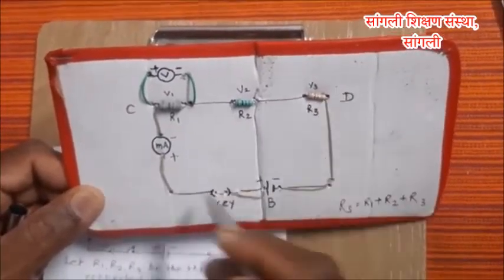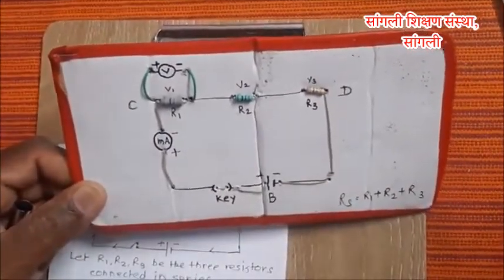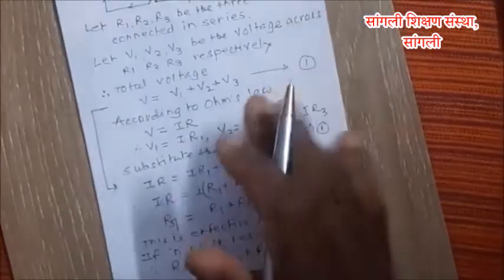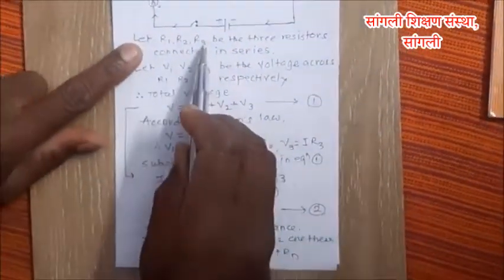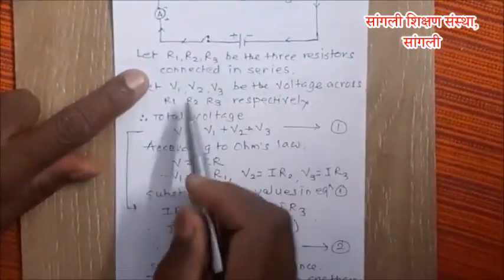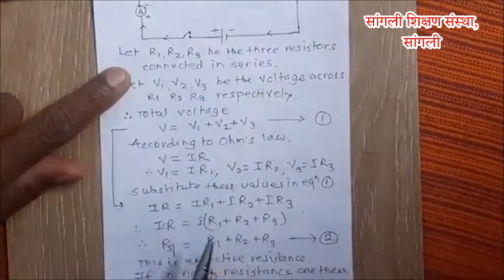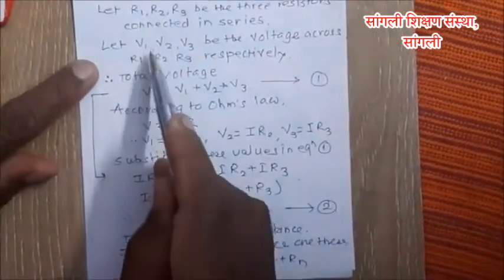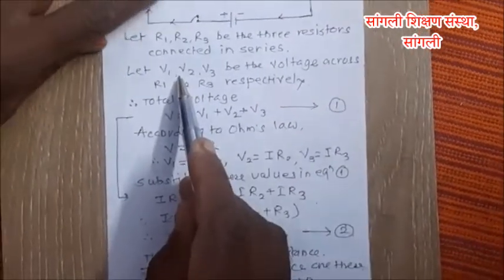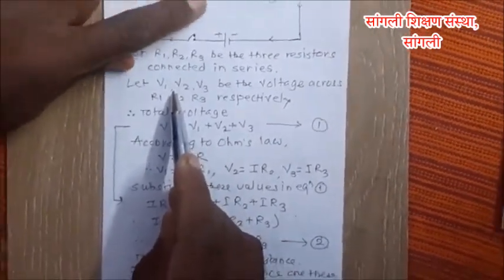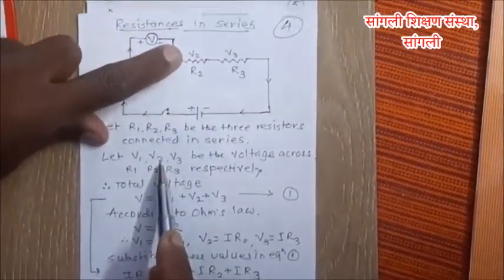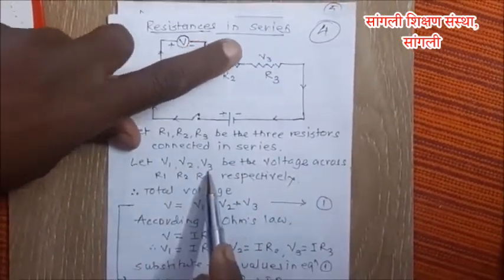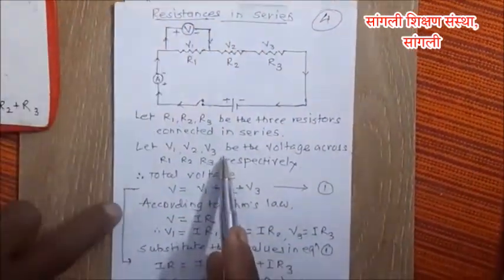Now if this is the condition, then look at this again. Let R1, R2, R3 be the three resistors which are connected in series. Now let V1 be the potential difference produced across R1, V2 across R2, and V3 across R3.